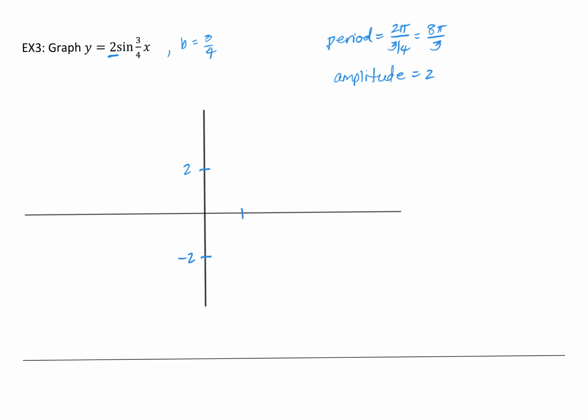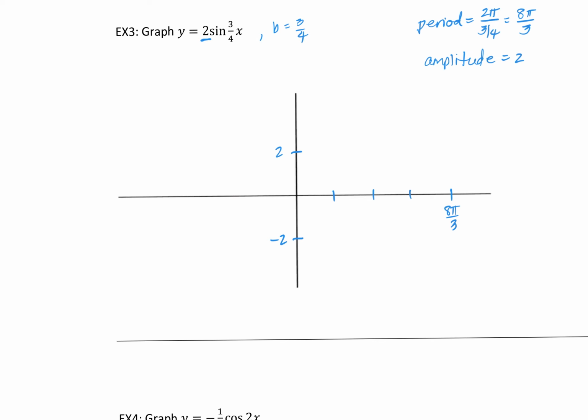So I'm going to go out 1, 2, 3, 4, 8 pi over 3. This is the sine function. So I'm going to start at 0, go up to 2, 0, down to negative 2, and then back to 0. Again, if I were also graphing on the negative side, then I would be going to negative 8 pi over 3.